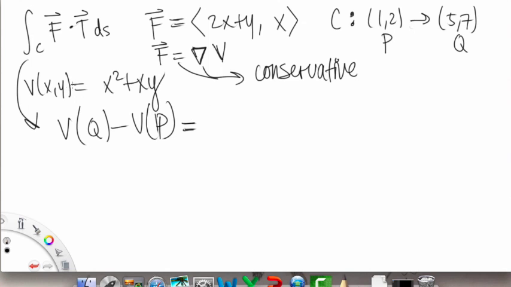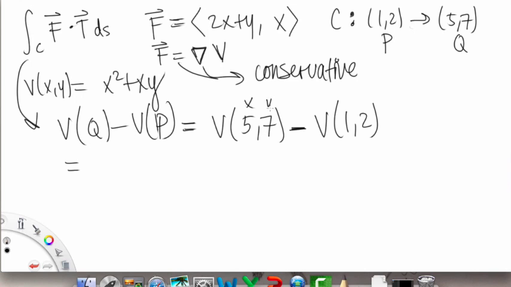So we're going to basically just plug in v of q first. So 5 and 7, and then subtract v of 1, comma 2. Okay? I just plugged in q and p here. And then this is your x and this is your y. So if we plug those in, we get 5 squared plus 5 times 7. That's our first thing.